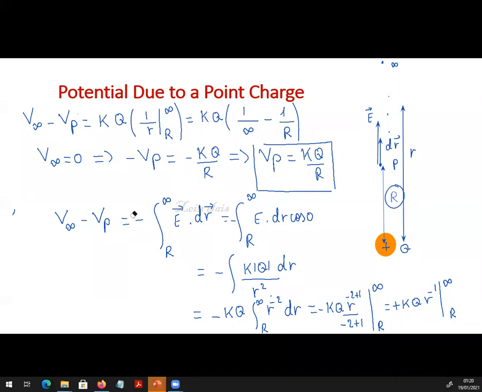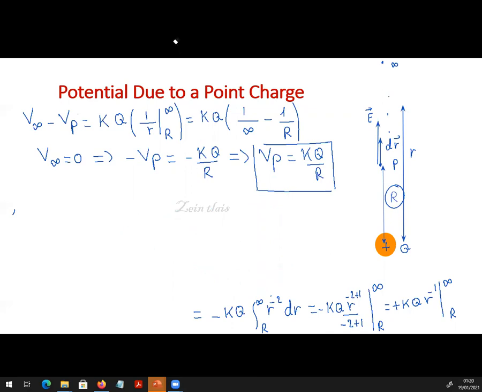The important point here is if Q is a positive charge, the electric potential V must be positive.